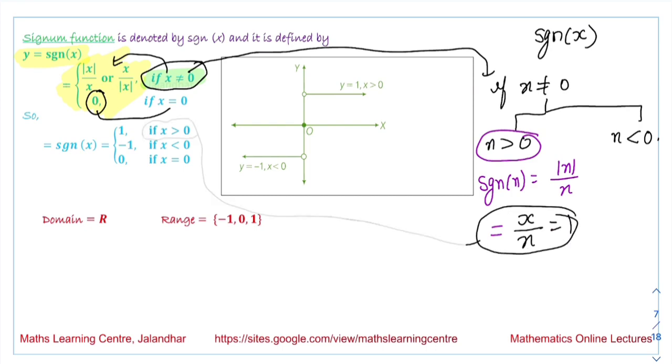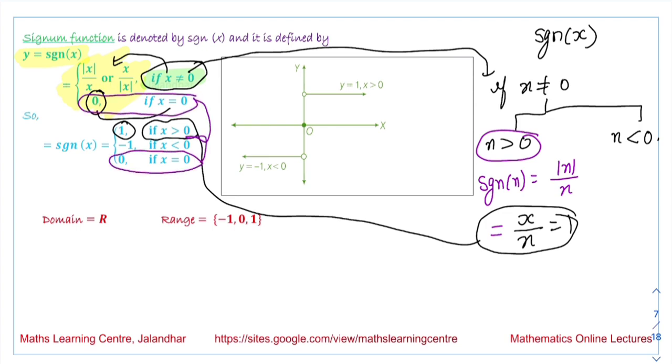This thing is shown over here, that if x is greater than 0, the answer we are obtaining is equal to 1. The x is equal to 0 case, we have already seen over here, that the answer we are obtaining is 0. And now the third we are talking about is x less than 0, then sgn of x is equal to mod x over x.